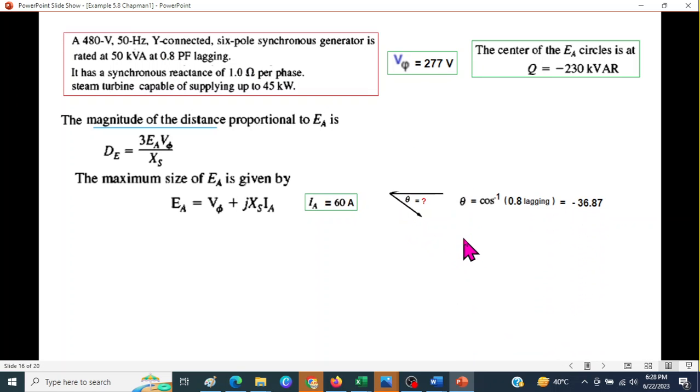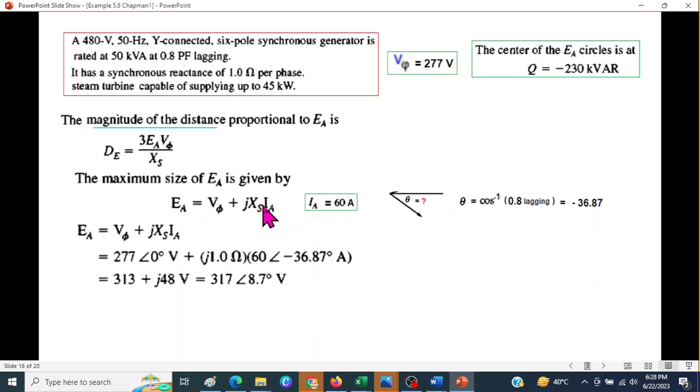The theta will be cos inverse of the power factor, and this will be minus 36.87, minus because of lagging. Now we put the values in this formula: 277 at angle 0, current 60 at its angle, and by using your calculator in complex mode, you can solve it in one step.